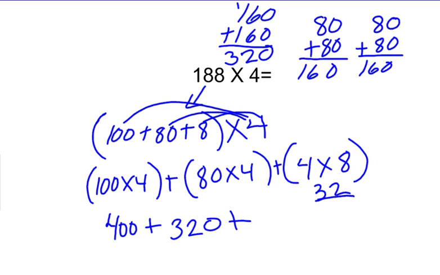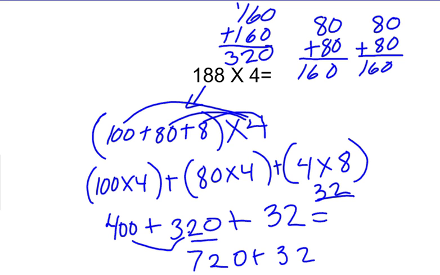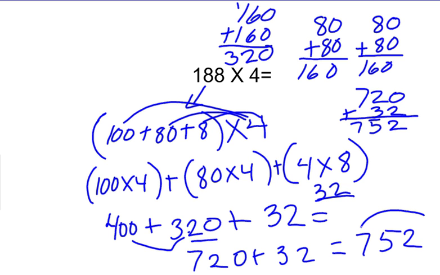If they have it memorized, they can write 32, and then they're going to add this up. They know that 400 and 300 is 700, plus the 20, 720, plus the 32, and then they can add that over here. 720 plus 32: 0 plus 2 is 2, 20 and 30 is 50, 70, and 700 plus 0 is 700, so 720 plus 32 is 752, which is my product.